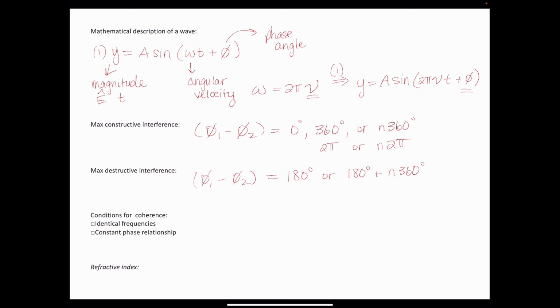And again, this can be written as pi or... Now when two waves have a sharply defined phase difference or phase angle that remains constant with time, they are said to be coherent. So the conditions for coherence are that the two waves must have identical frequencies, and they must also have a constant phase relationship.